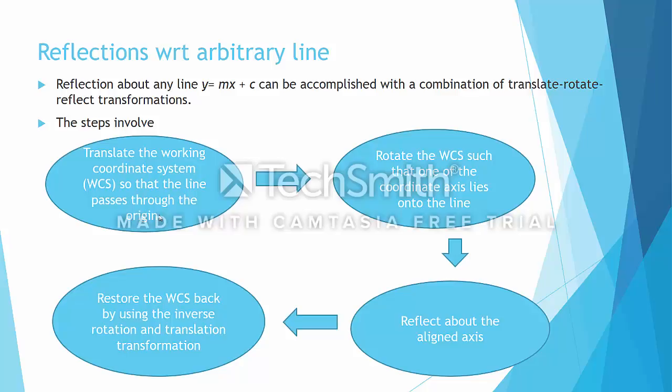That is, translate the working coordinate system so that the line passes through the origin, then rotate the working coordinate system such that one of the coordinate axes lies onto the line, then reflect about the aligned axis, and restore the working coordinate system by using the inverse rotation and translation transformations.